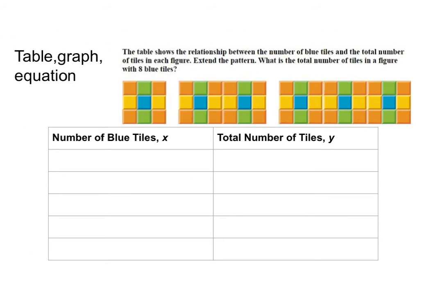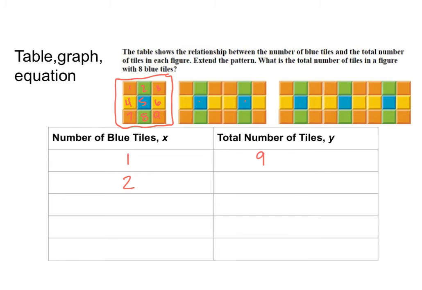So in this first figure right here, how many blue tiles are there? There's 1. And how many total tiles are there? Well, I see 1, 2, 3, 4, 5, 6, 7, 8, 9. Let's fill in 9. So for the second one, how many blue tiles are there? There's 1, 2.